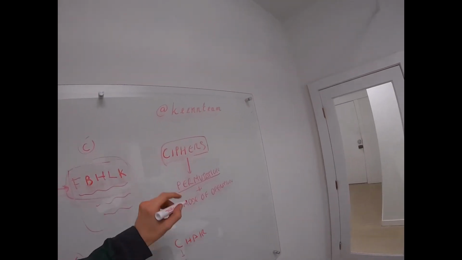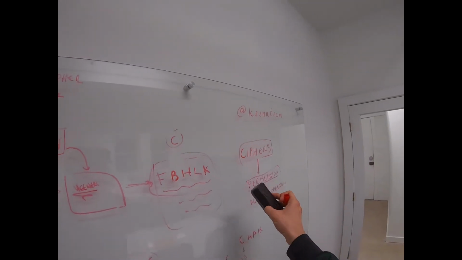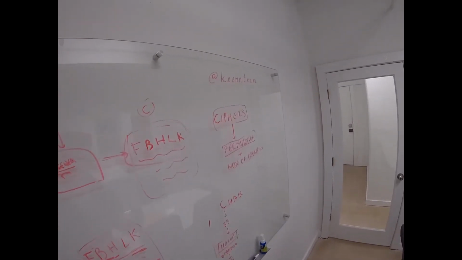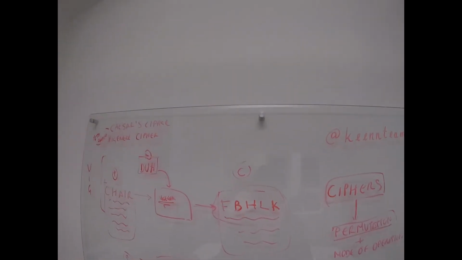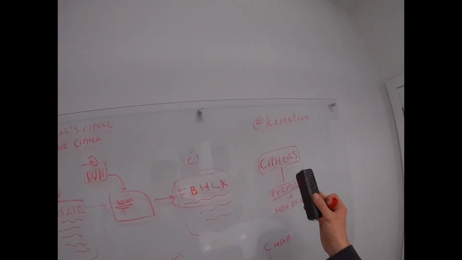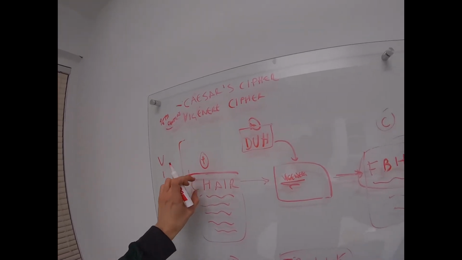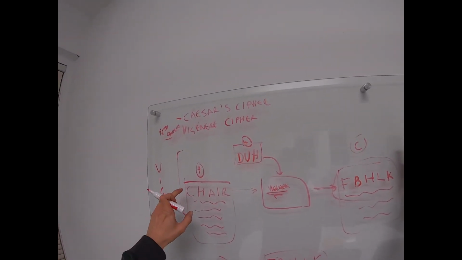Now, what's important about the permutation is that it needs to substitute something in a unique way. If not, the cipher is not valid, it will not work. Why is this important? So what is the permutation in the Vigenère cipher? The permutation is shifting a letter according to the alphabet, right?